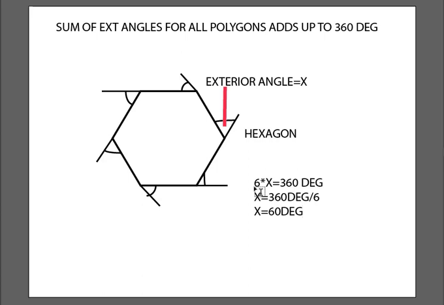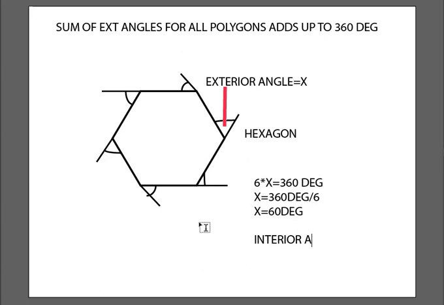Now with that being said, we can safely conclude that for a given polygon, the sum of exterior angles equals 360 degrees, and to find one exterior angle, you divide the sum of exterior angles by what? By the number of sides. The number of sides is equal to the number of angles, isn't it? So we divide by the number of sides.